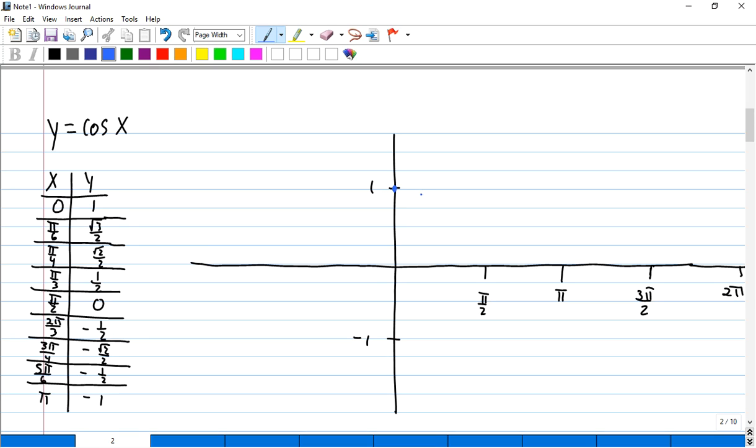So they start to go down, down, down, down. Okay? And then these negative values continue. The graph continues to go down, down, down, until we get to pi. It's -1.